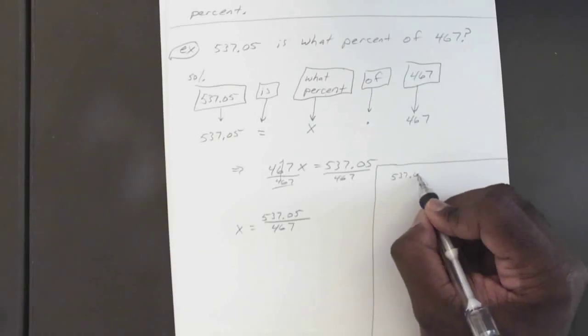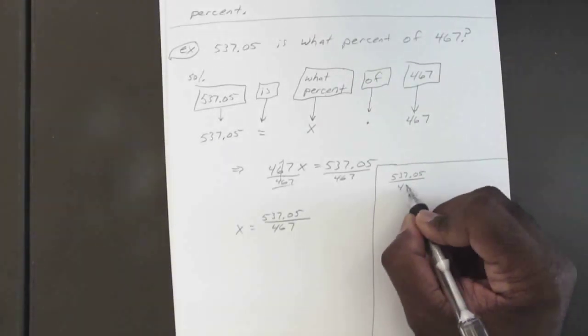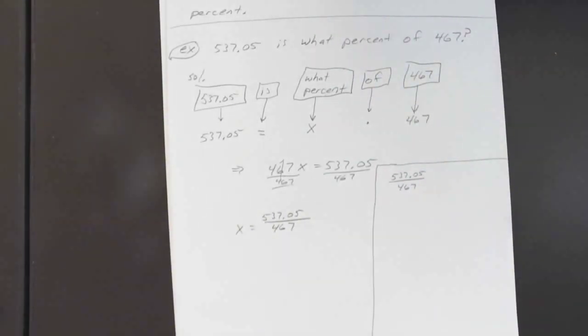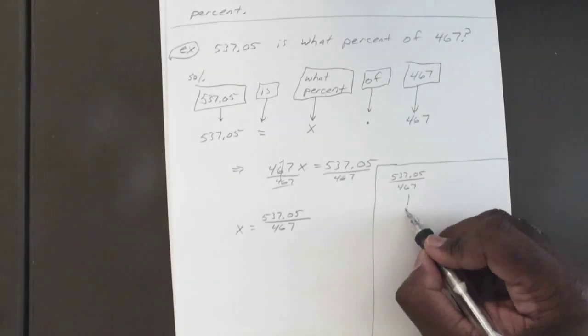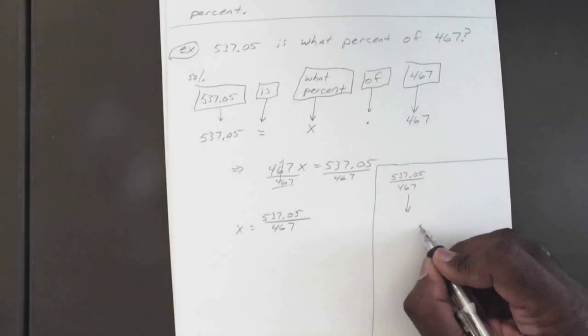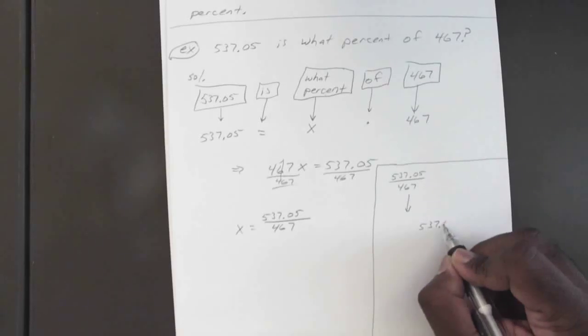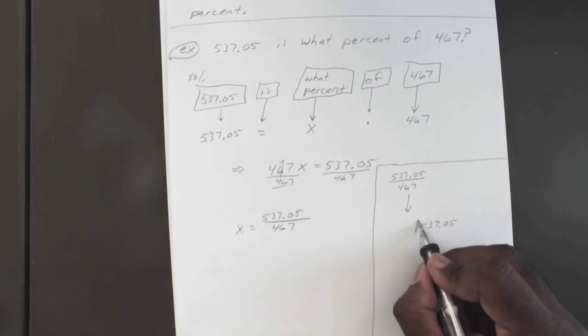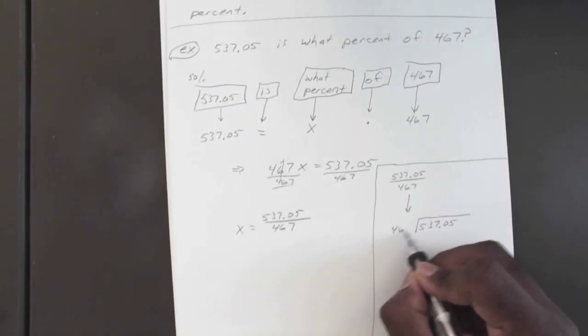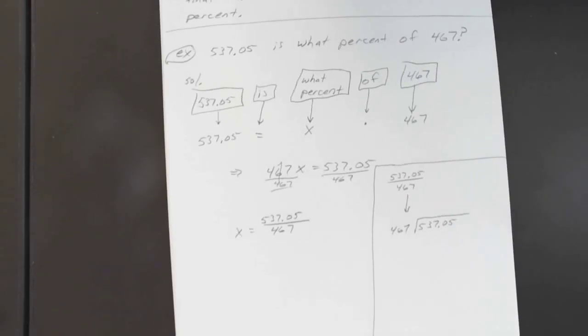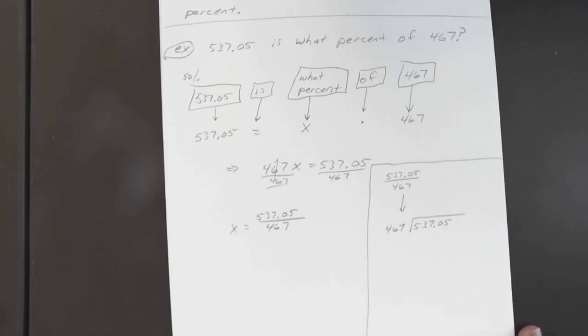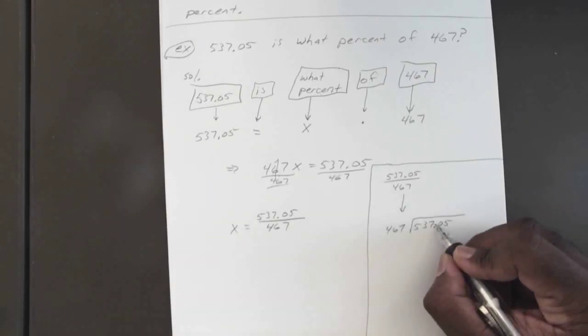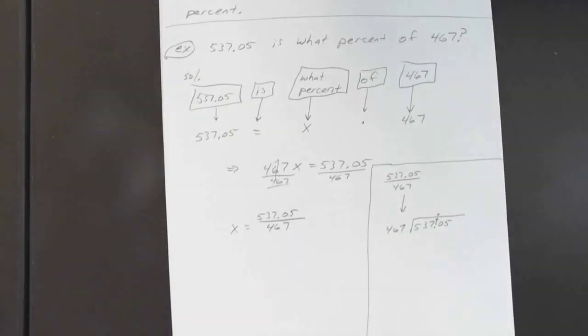So 537.05 divided by 467, you can just rewrite that. And remember, when you're dividing by decimals, just move your decimal right up to the top. So that one just goes right up there. And you treat that like a whole number.